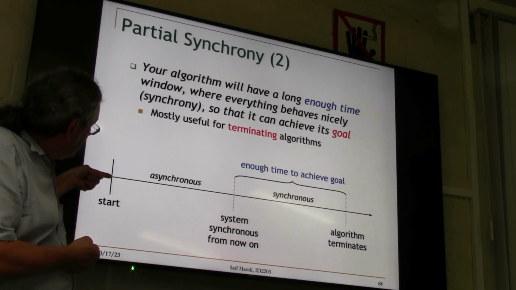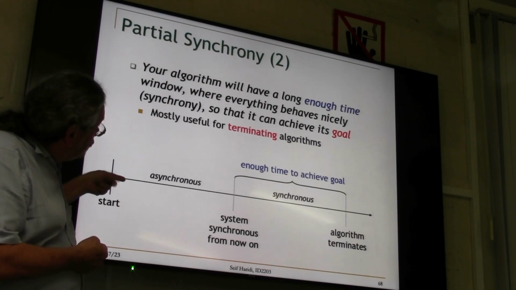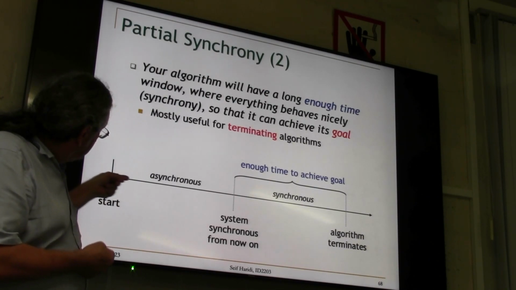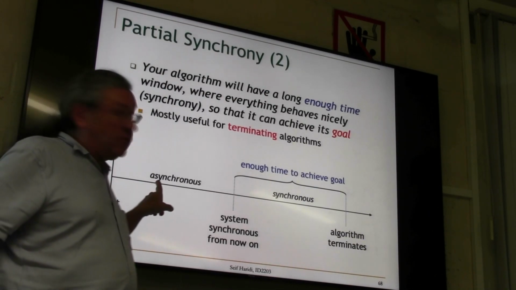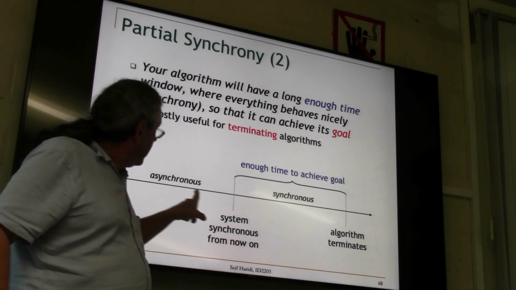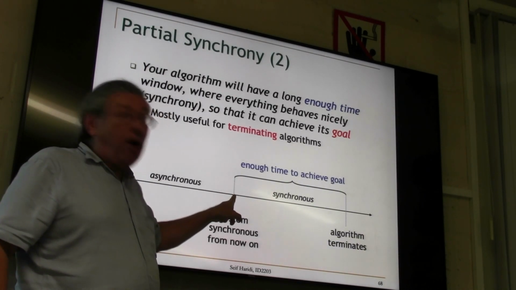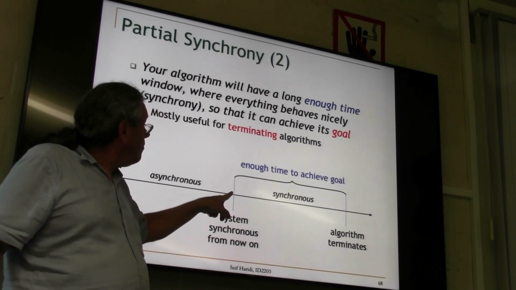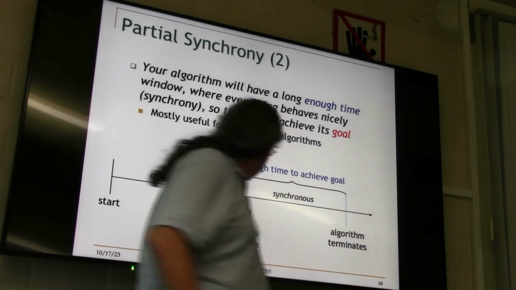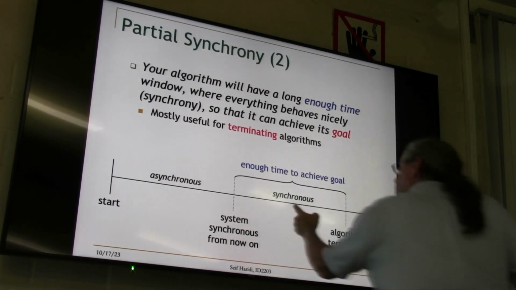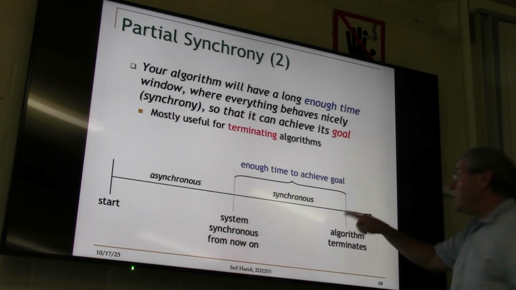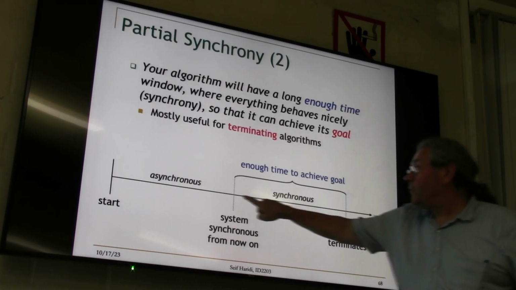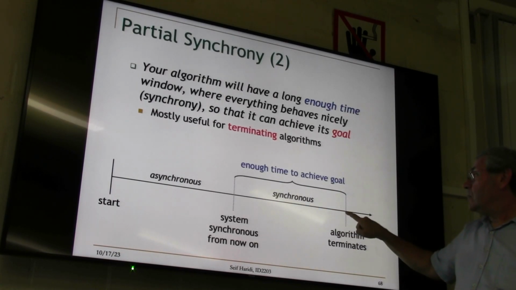Okay, so as you know, I like thinking visually. So here's one way of visualizing it. So your algorithm starts running, so this is the time. So here it's asynchronous, that means there's no bounds. But at this point, there are bounds, okay? There will be bounds, but you don't know them. And from this point onwards, your algorithm is actually running on a synchronous system, okay?